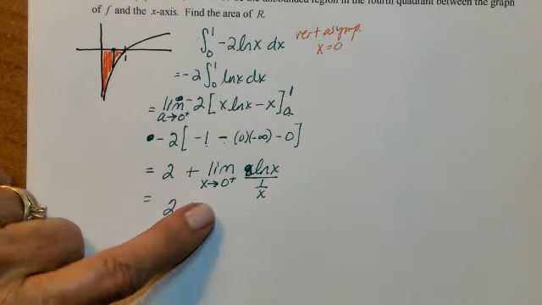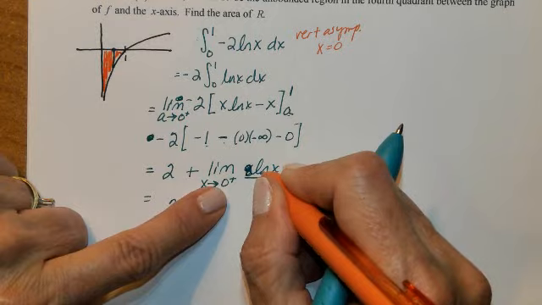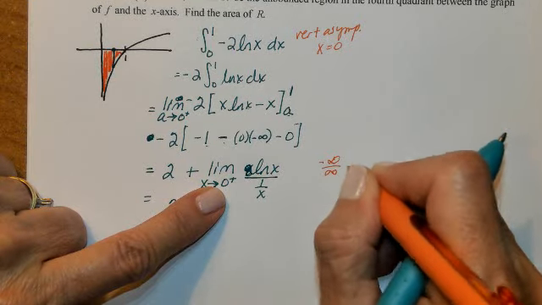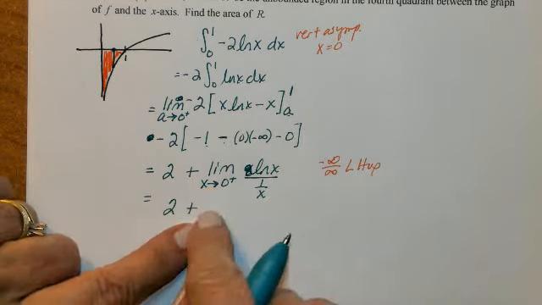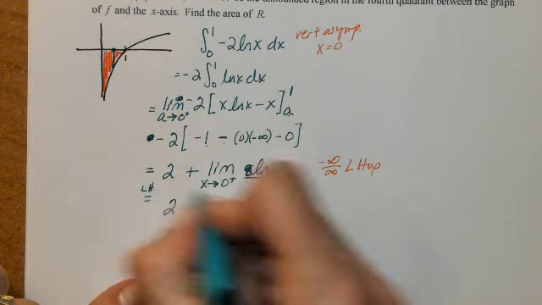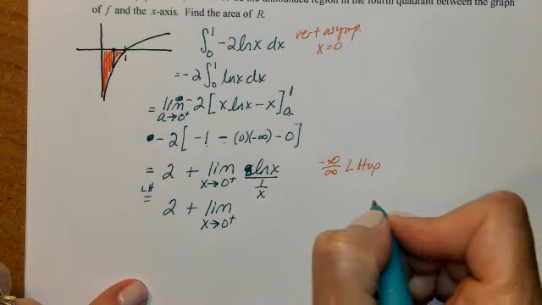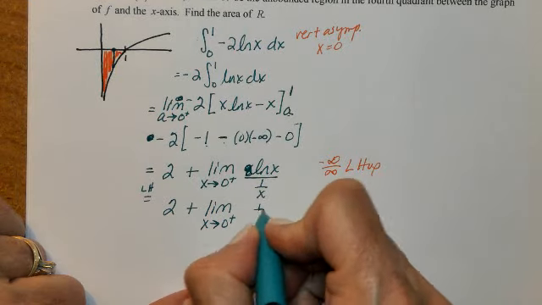And now I can come over here and say, all right, this is negative infinity, this is infinity, so that is a L'Hopital's indeterminate form. So I'm going to use L'Hopital's here. And the derivative of natural log x is 1 over x.